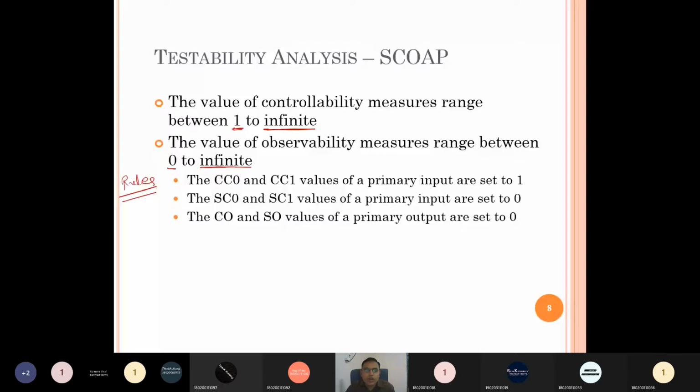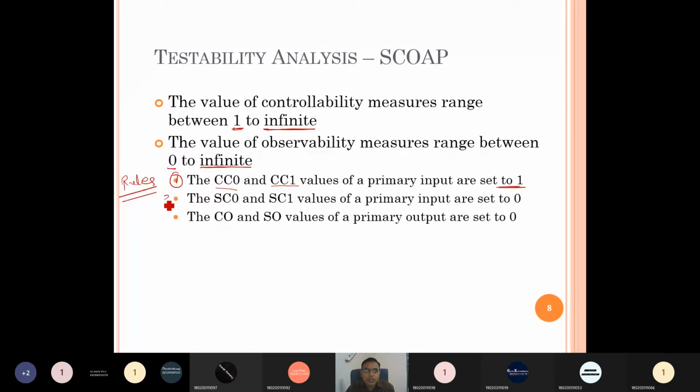First step: the combinational controllability 0 and combinational controllability 1 values at the primary input have to be set to 1. So each primary input has CC0 and CC1 equal to 1.